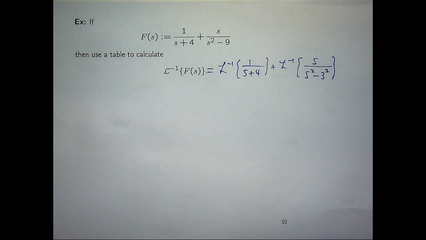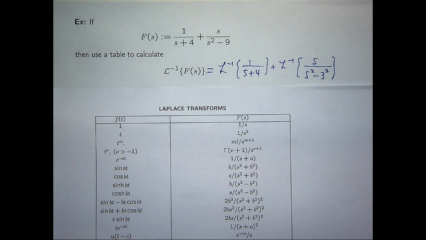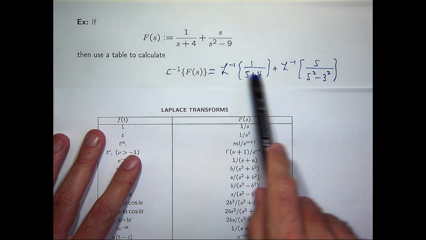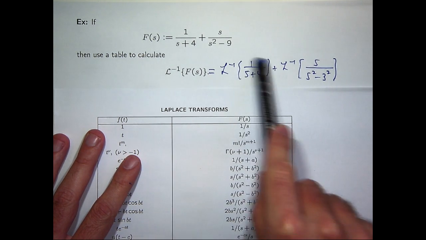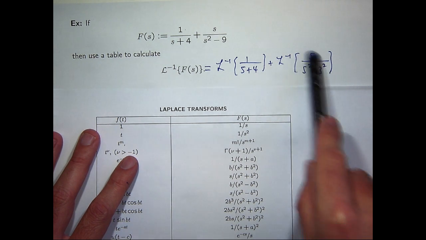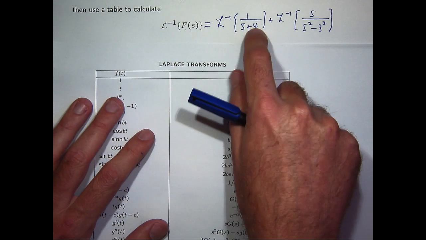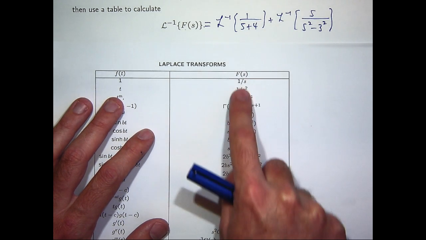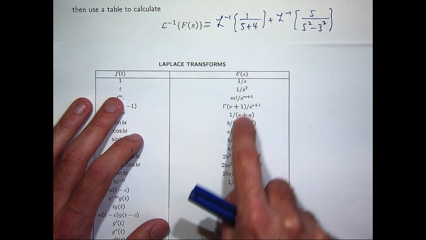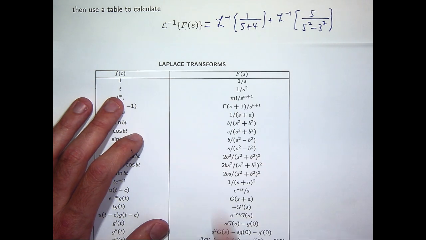So if I go to my table, what I want to do is look down the right-hand column and find something like that. Okay? So if we look down, I can go right, no. Okay, there it is. 1 on s plus a is a general form of this.